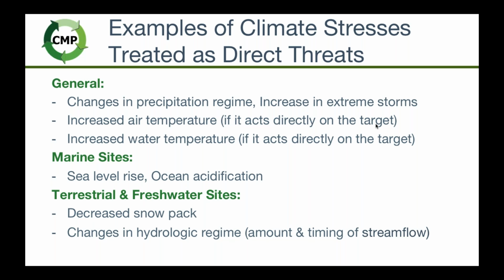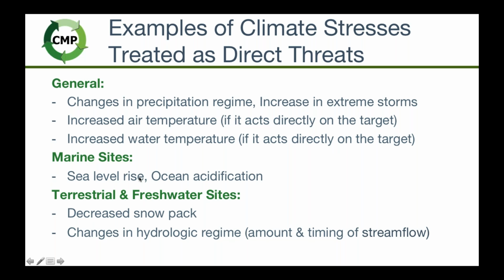So you're not always going to want to treat that as a direct threat. But if increased air temperature is acting directly on the montane plants that you're trying to conserve that need a certain lower temperature regime, then you could treat increased air temperature as a direct threat. Increased water temperature, if it acts directly on the target.